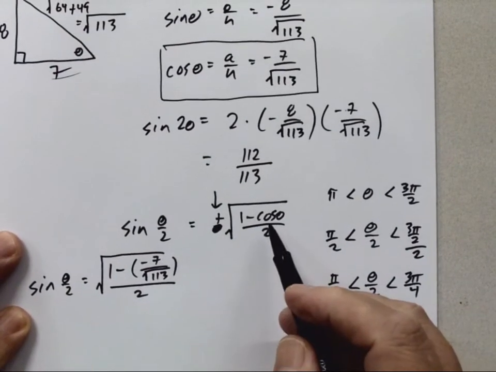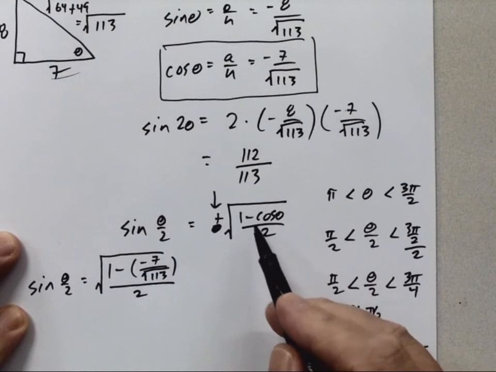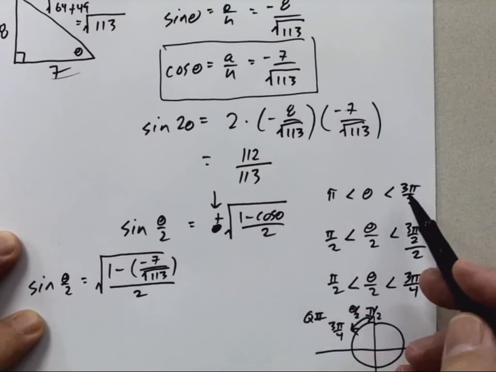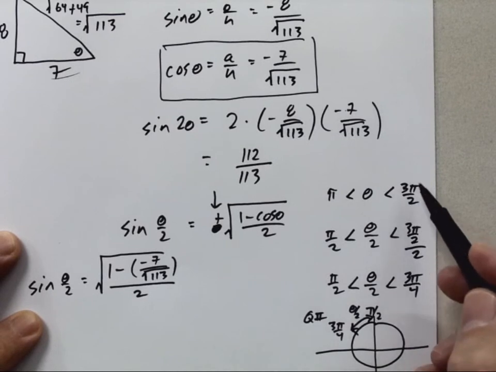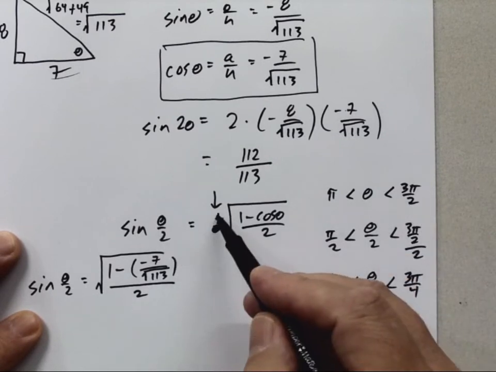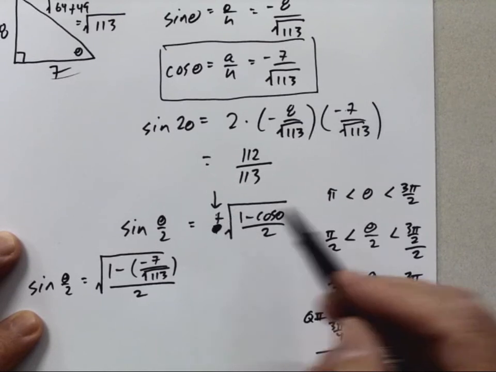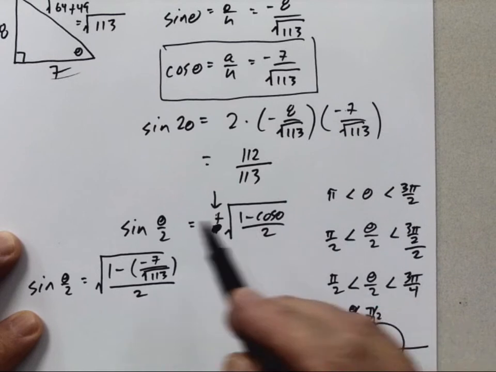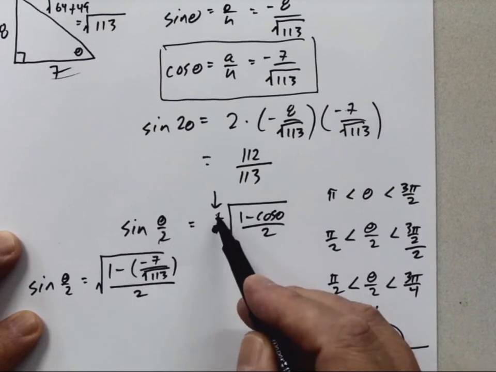So once again, just to make sure everybody sees it, it's like I have two things going on. I have to figure out the plus or minus outside the radical, and I do all of this to figure that out. And I've determined for sine of theta over 2, it's positive.